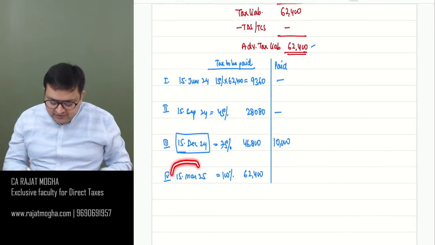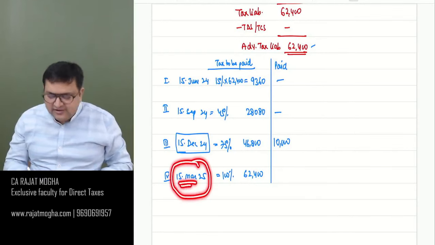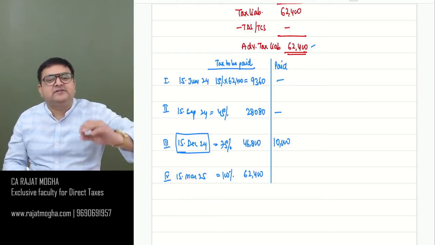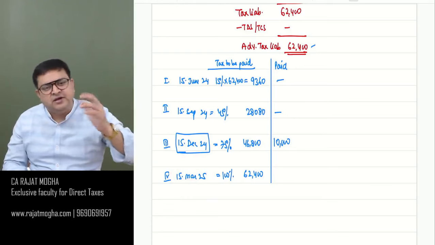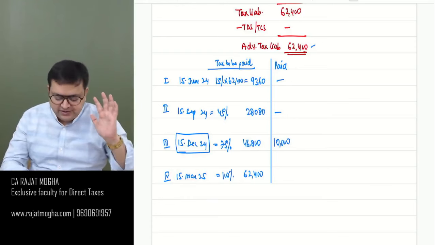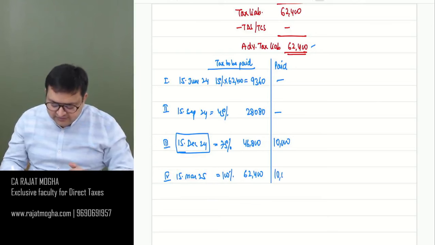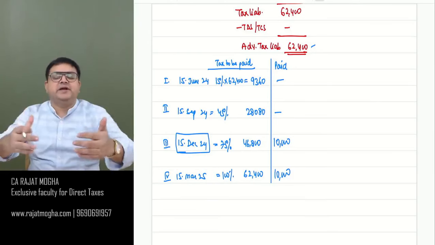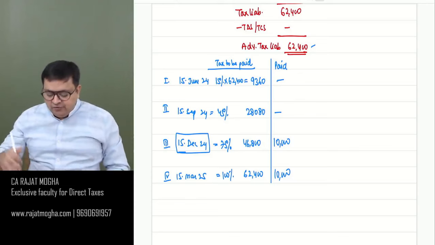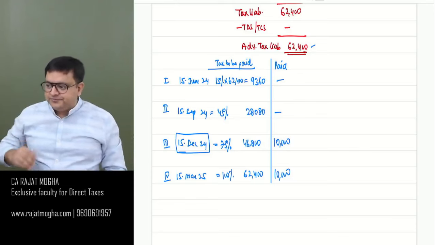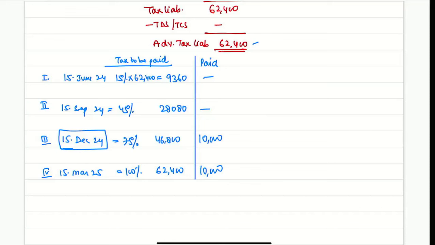But if assessing officer will see on this date how much amount the assessee has deposited, only 10,000 he has deposited. Can I write 10,000 here also? Because this is cumulative. I'm saying up till this date, how much is deposited. Pradeepa, Akshay, Aditya, are you all okay with this column?